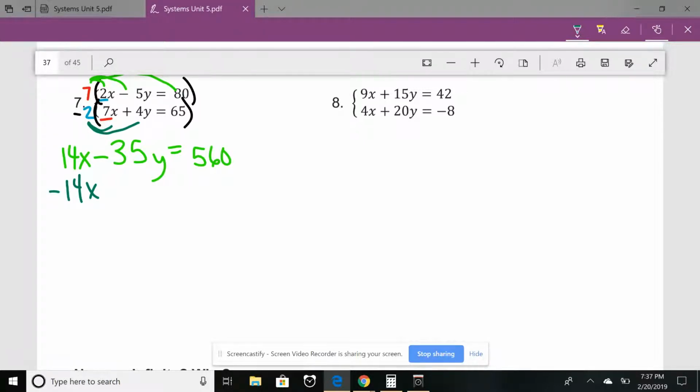Negative 2 times 4y is negative 8y. Negative 2 times 65 is negative 1300. I'm sorry, negative 130.